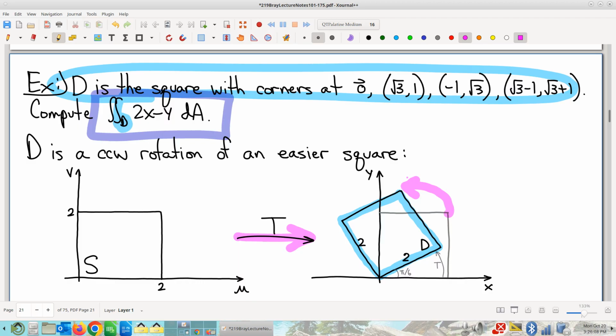That is by a counterclockwise rotation. So when I say pull back, my new domain, the thing that I rotate counterclockwise to produce my ugly blue domain, is that green thing.